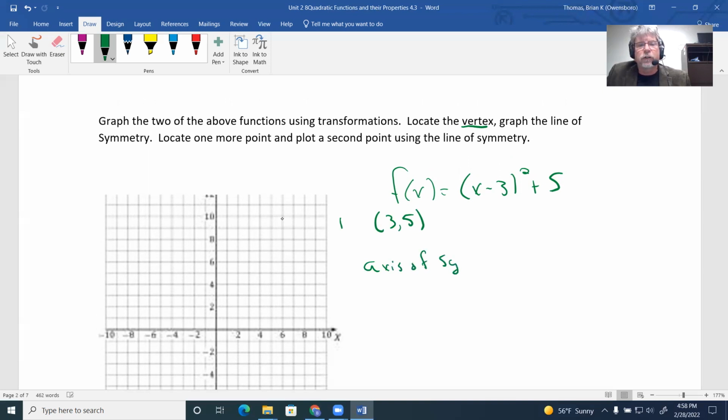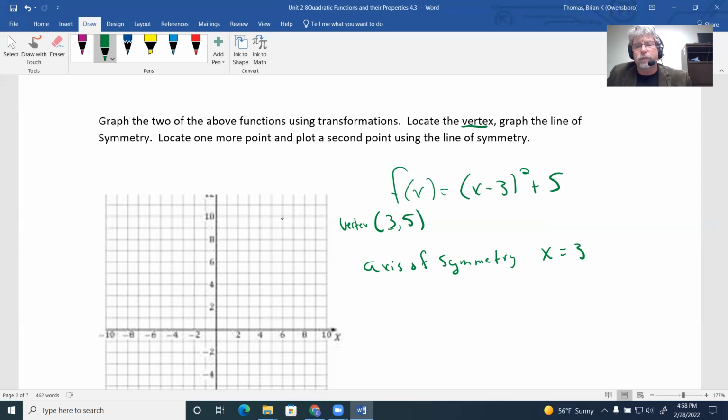So this is the vertex here, 3, 5. And the axis of symmetry, remember, it's an equation, x equals. And remember, x equals is simply the x value of the vertex. So x equals 3, because the axis of symmetry has to pass through the vertex, and it has the same x value as the vertex.